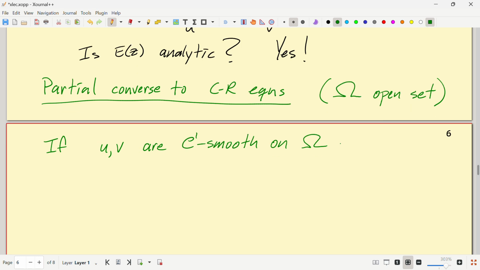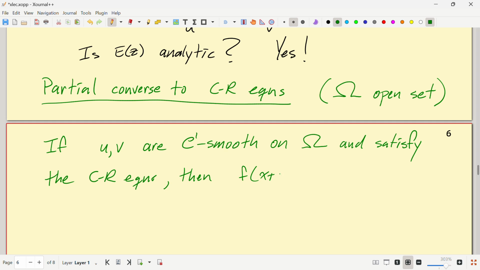If they're C1 smooth on there and satisfy the Cauchy-Riemann equations, then f of x plus i y, the usual thing here, I stick a u as the real part and v as the imaginary part, is complex differentiable.